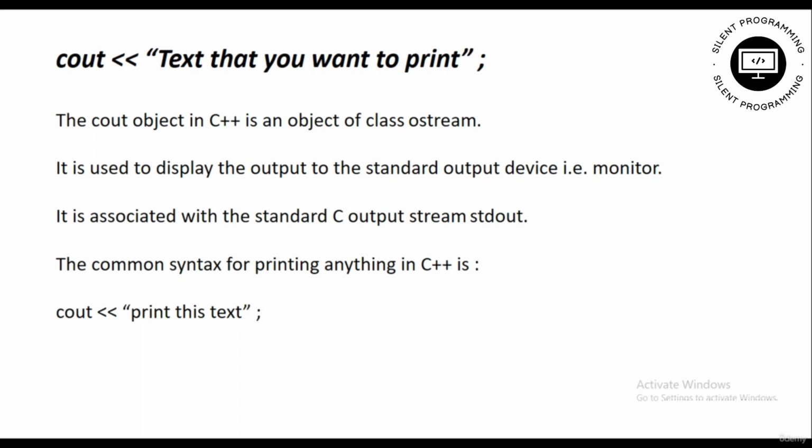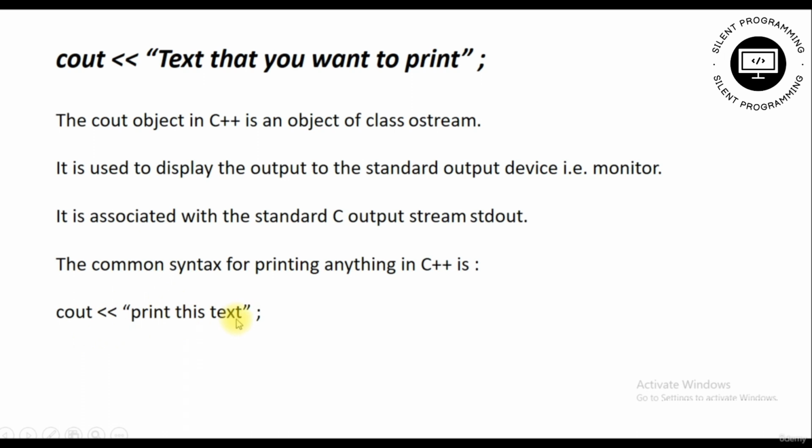Now, as already told, cout is used in C++ to display some text on the screen. This is the general syntax for cout. Every time you want to print anything, it's not just text; you can also print integers or anything else. What you have to do is just write cout and remember these two angular brackets.